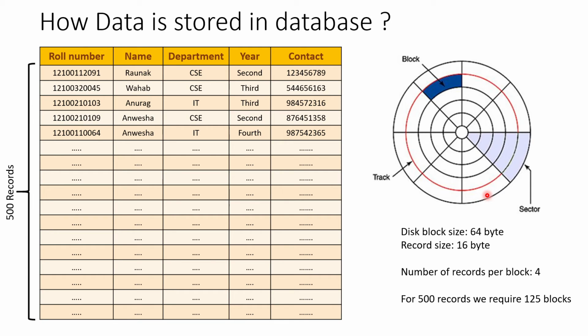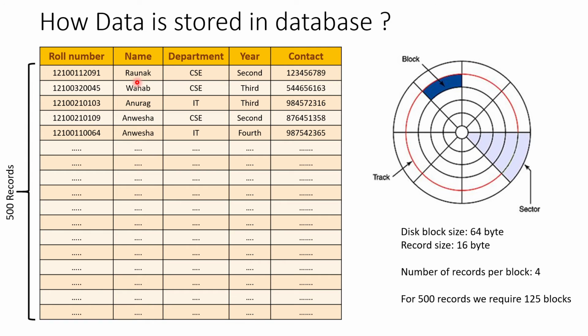Just arbitrarily, suppose the disk block size is 64 bytes, a particular block of the disk, which is in blue, is 64 bytes, and the record size, that is the size of each row, is 16 bytes. For example, this is 4 bytes, this is 2 bytes, 2 bytes, 2 bytes. So as a whole, a particular record will take 16 bytes to store.